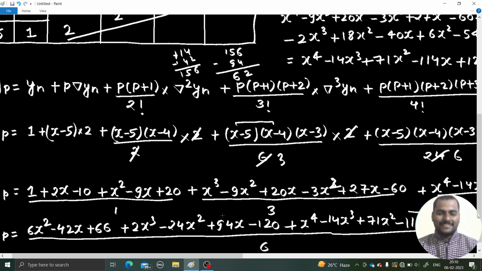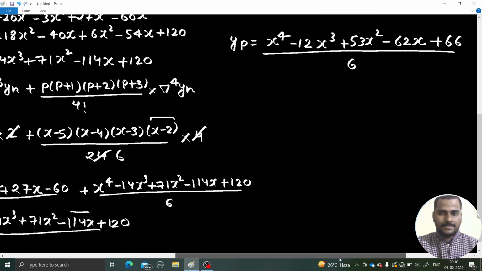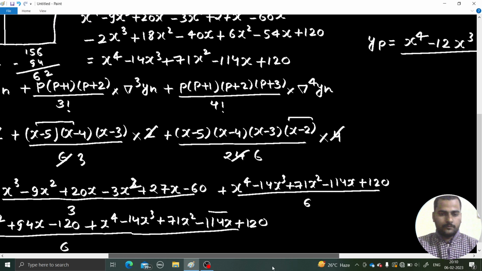Other things are correct, just the coefficient of x should come 102.